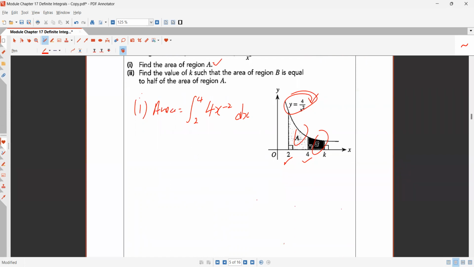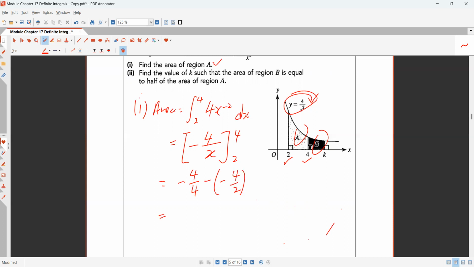Okay, so for this part, how to integrate, please? 4x to the power of negative 2, integrate becomes what? Minus 4 over x. Correct. And the limit is from 4 to 2. So now you substitute inside, so it's negative 4 over 4, and then minus negative 4 over 2.